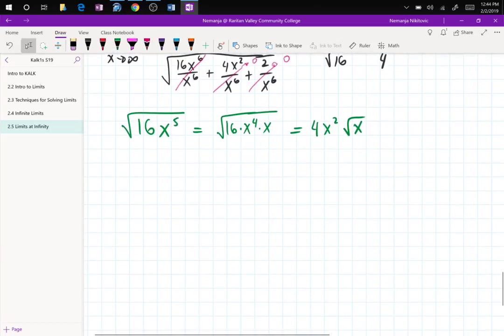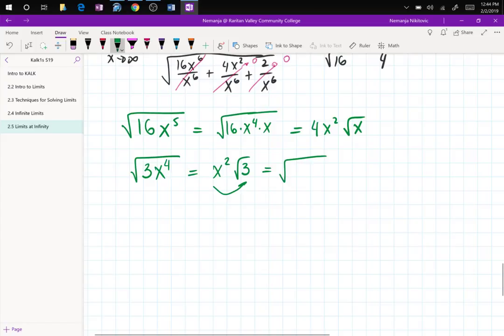Now, even easier than this would be a problem that says square root of 3x to the 4. Well, this is x squared root 3. Now, let's say I need to stuff this back in. Well, it would pick up the square because it's a square root.